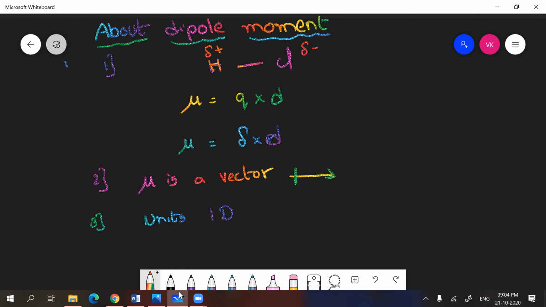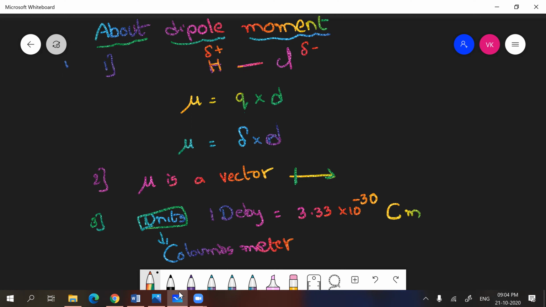So 1 Debye is equal to 3.33 times 10 power minus 30. The units are coulomb meter. Okay, the value is this one, and the units are coulomb meter.